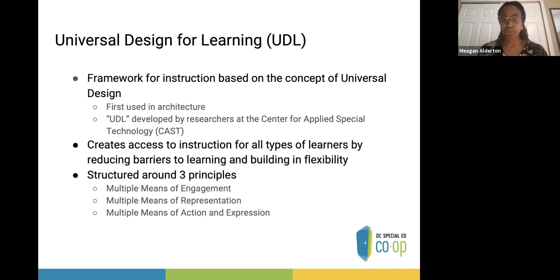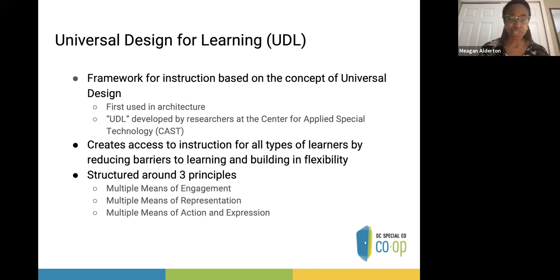The notion is that if you understand the function, what you're trying to do, then you're going to build your process and your work around creating and serving that function. So universal design literally is an architectural concept, and CAST decided to bring that same thinking into classrooms.